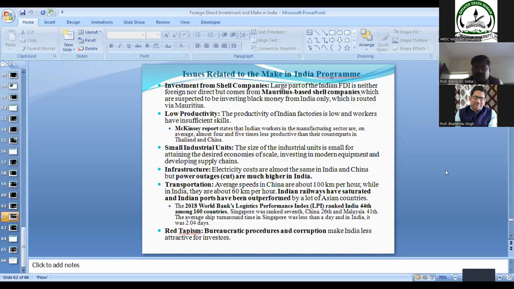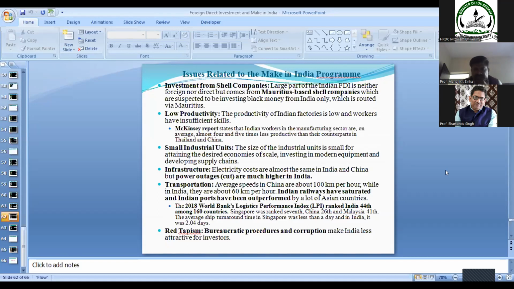Due to the small size of Indian industrial units, India is not able to attain the desired economies of scale, and there is a need to invest in modern technology and increase the size of investment in industrial units.